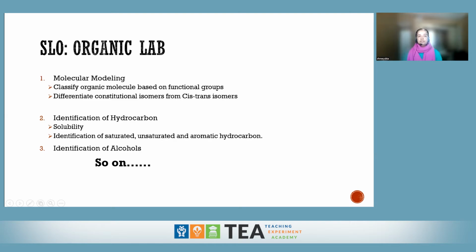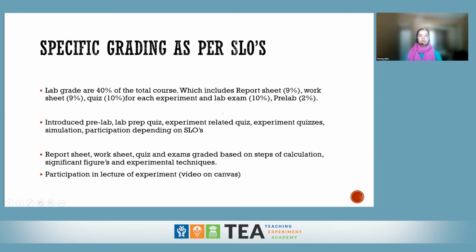I took the first and second labs to present here, to show what I have involved. As per the SLOs, the total lab grade is 40% of the course. The report sheet for each lab is broken down into report sheets, worksheets, a quiz for each experiment, lab exams, and the pre-lab, all divided.